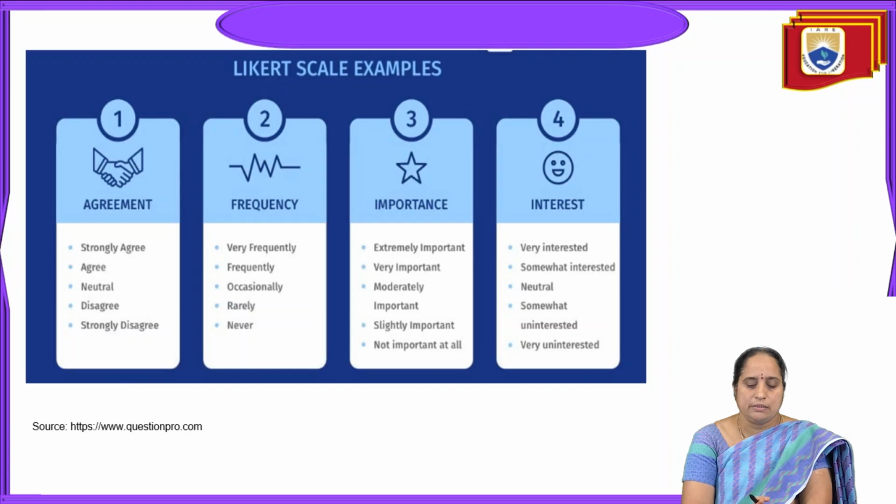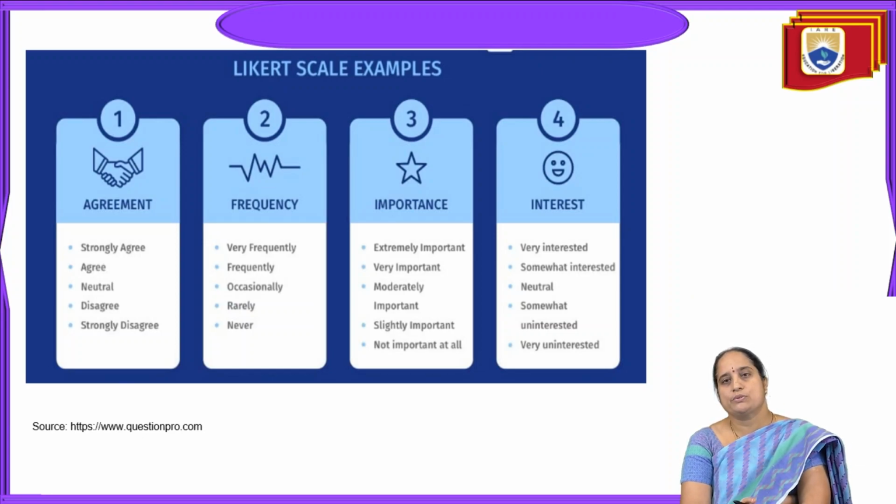Coming to frequency, if you are going to deal with frequency: very frequently, frequently, occasionally, rarely, never. That kind of options we give in the Likert scale example. When you are talking about importance: extremely important, very important, moderately important, slightly important, not at all important.